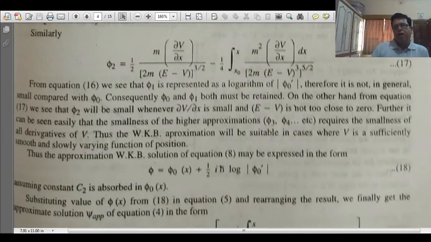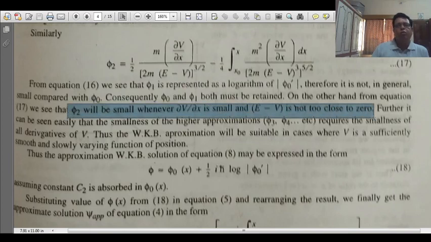On the other hand, from equation 17, we see that phi 2 will be smaller whenever delta v upon delta x is small and E minus V is not too low, not close to 0.